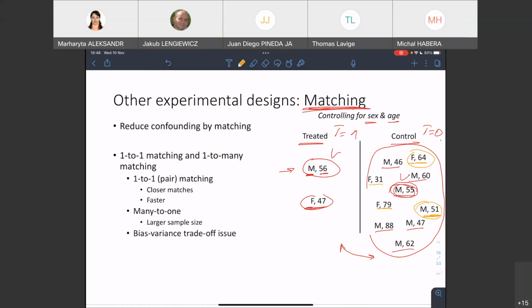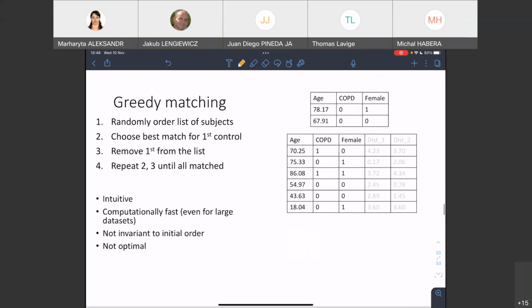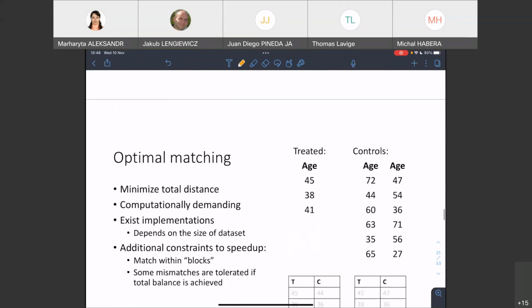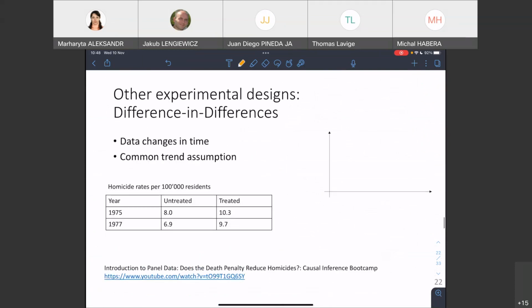As I said, I will not be considering this whole group, but only the chosen, matched entities, and I will use them to calculate the true causal effect. This can also be a possible solution. There are different variants of how we can calculate the matching. You can check this later if you are interested.